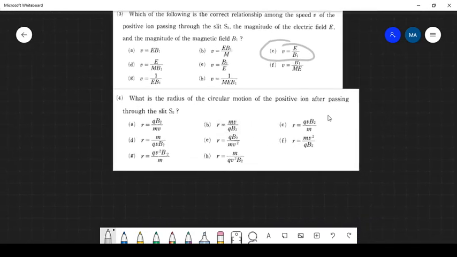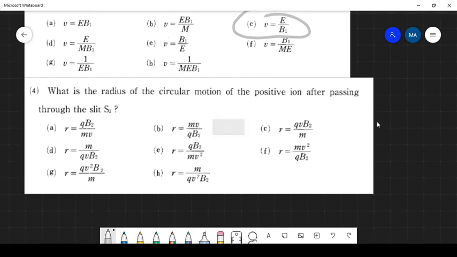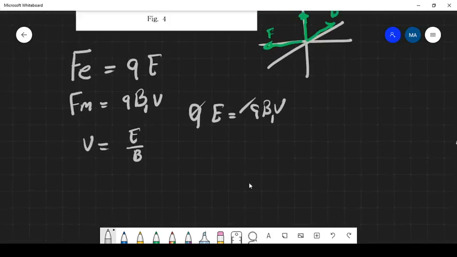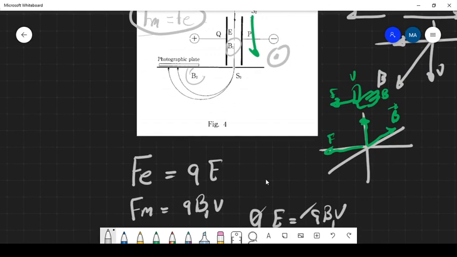What is the radius of the circular motion of the positive ion after passing through the slit S3? So what is he asking you now? Now you will go over here with what velocity? v, okay? And then what forces are acting on you? Now the only force acting on you is the magnetic force caused by the magnetic field B2, okay?